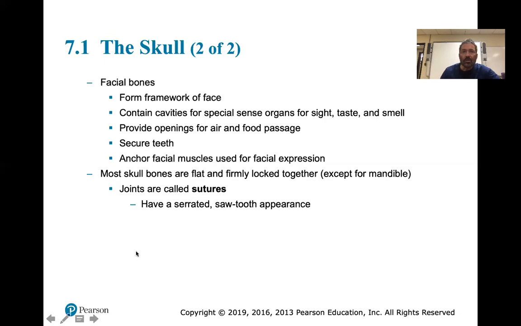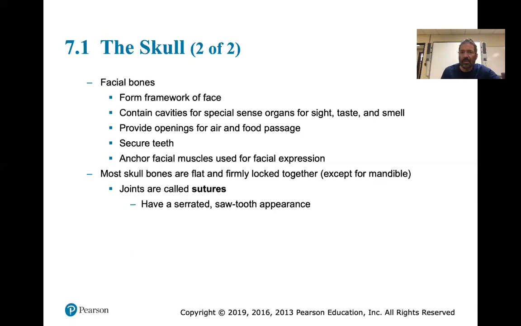So for the facial bones, we'll start superficial, then go to the base of the skull, then the superior portion of the skull on the inside, and learn some of these landmarks and what attaches to them. It forms the framework of the face.